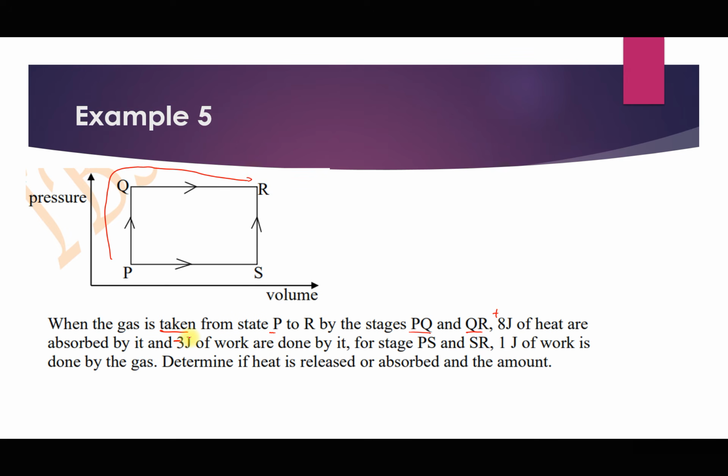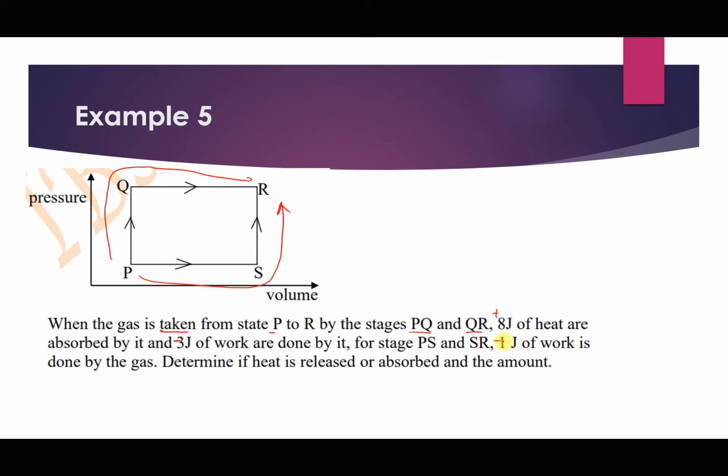This is going to be negative because it is the gas which is doing work. For stages PS and SR, that is if the gas is taken through the stages this side, 1 joule of work is done by the gas. Because it is the gas doing work, the 1 joule is going to be negative. Determine if heat is released or absorbed and the amount.